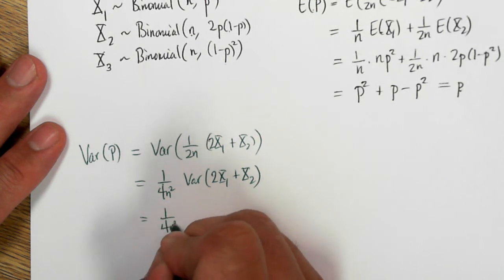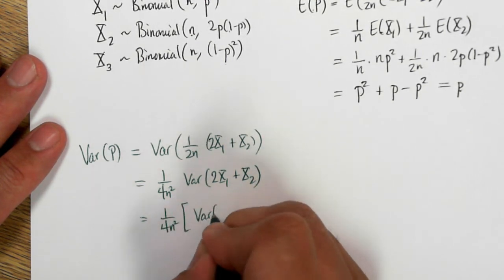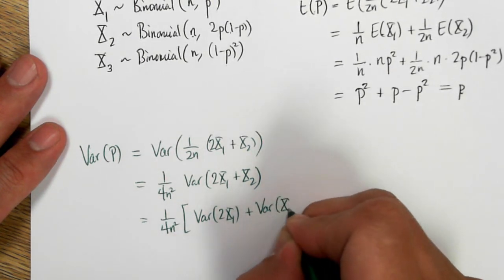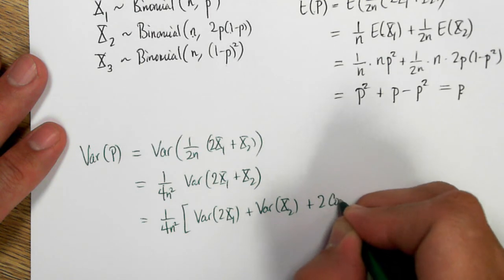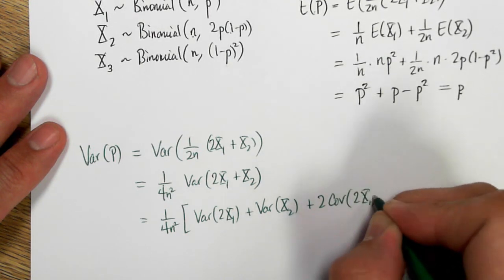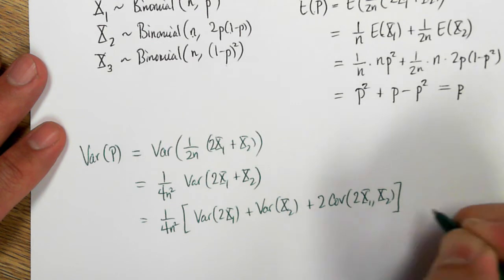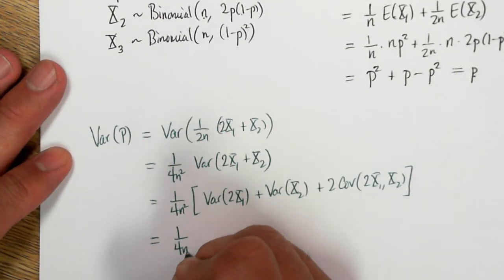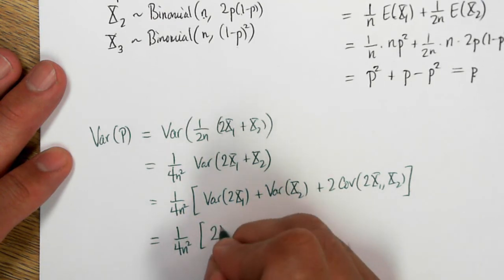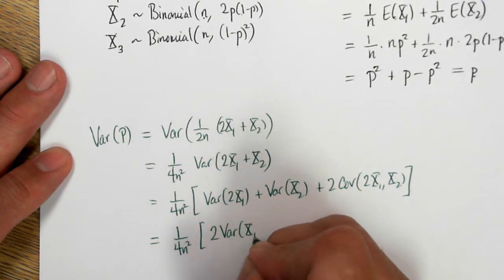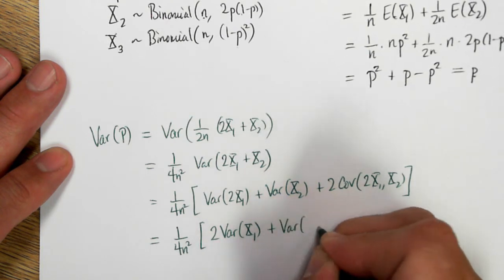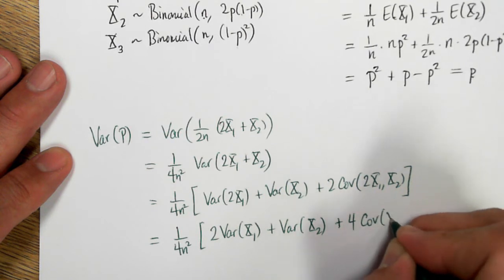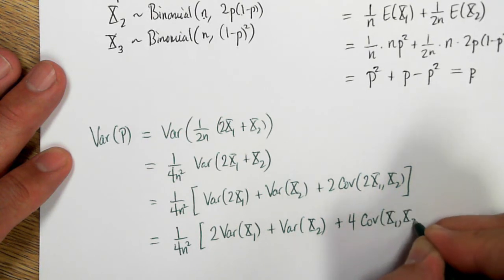And then this is equal to the variance of 2x1 plus the variance of x2 plus 2 times the covariance of 2x1 and x2. And I can simplify this a little bit. This is going to be 4 times the variance of x1 plus the variance of x2 plus 4 times the covariance of x1 and x2.